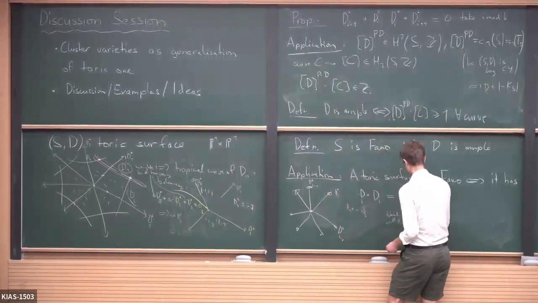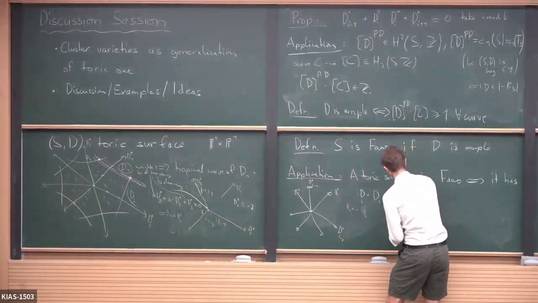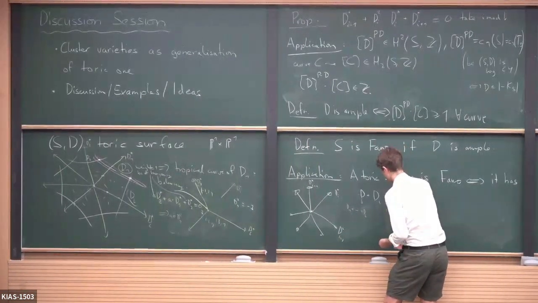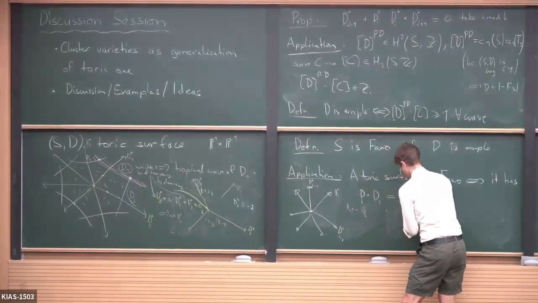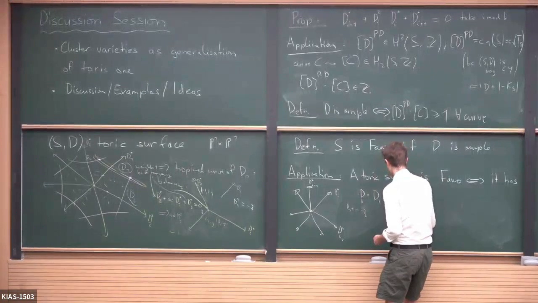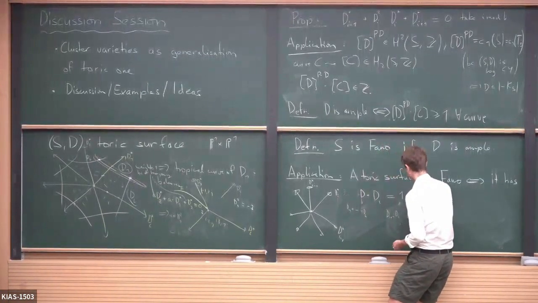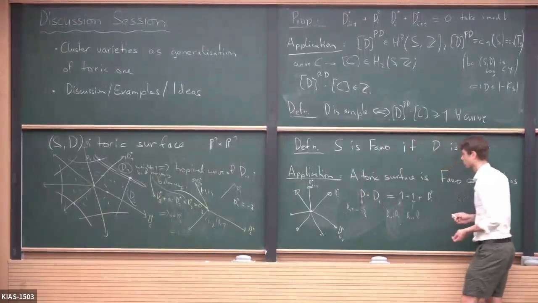So this one here is Di plus 1 times Di. This one is Di minus 1 times Di. And then there'll be Di squared.